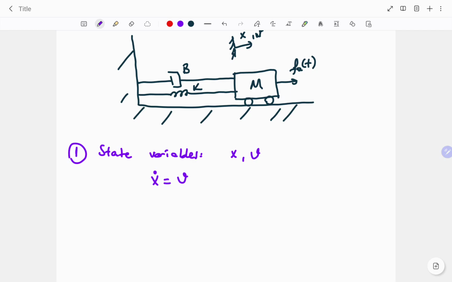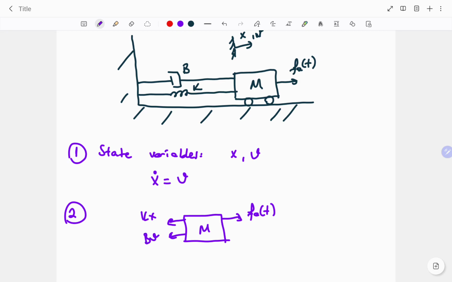After that, we should write a mathematical description equation for the system. We did this in the previous video by using the D'Alembert law. We drew the free body diagram for the mass, and we used arrows to show all the forces on the system: the dashpot effect, the spring force, and also m v dot for the inertial force.